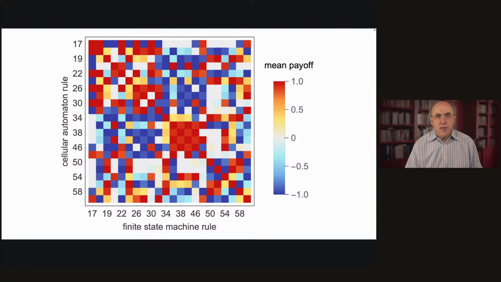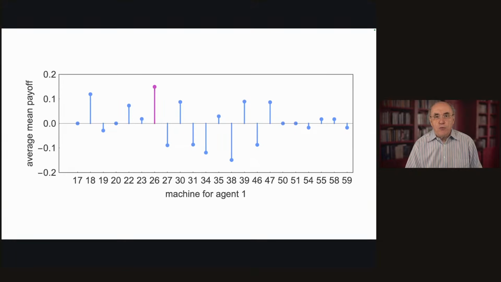So the question is, what machine is the overall winner? So this picture shows the payoff for every machine playing every other machine, but which one is the overall winner? So one way to assess that is to look at the average of the mean payoffs achieved by a given machine when competing with all other distinct machines.